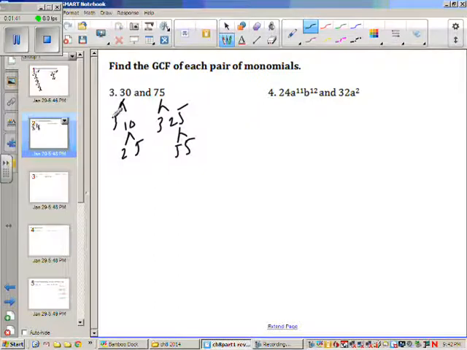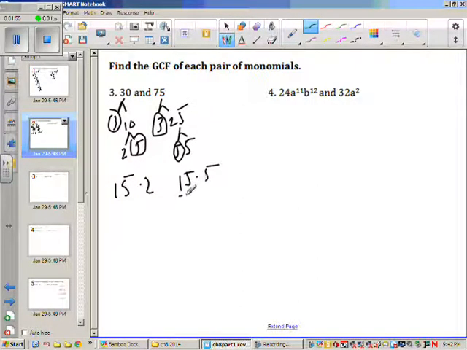So we have the 3's, and then a 5 and a 5, giving us 15 times 2 and 15 times 5. That makes the greatest common factor 15. That's the biggest number that goes into both of those terms.